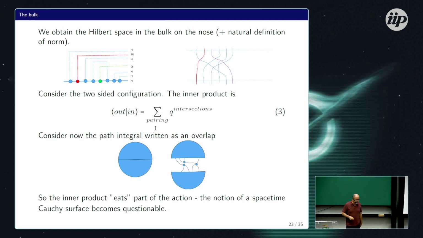At least that's the way I think one wants to think about Cauchy surfaces. But here it doesn't quite work this way. You really can't separate this, and so somehow this notion of Cauchy surfaces in space-times becomes a little bit questionable.